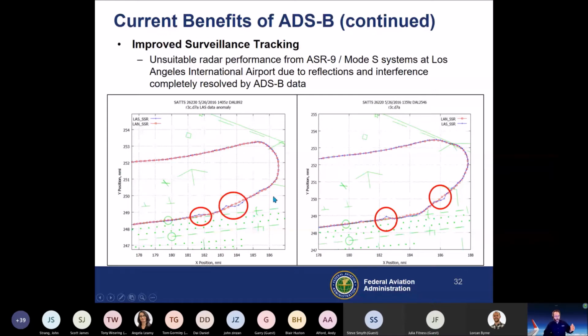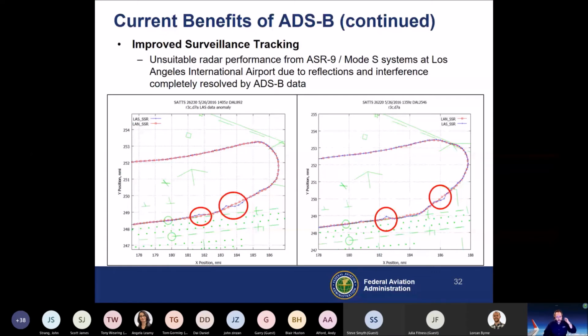Because of the distortion in the radar signal, these aircraft get a sort of stitching effect where they kind of wander back and forth, so much so that they'll begin to be tracked into the path of other aircraft, which causes conflict alerts, go-arounds, and all sorts of undesirable situations.